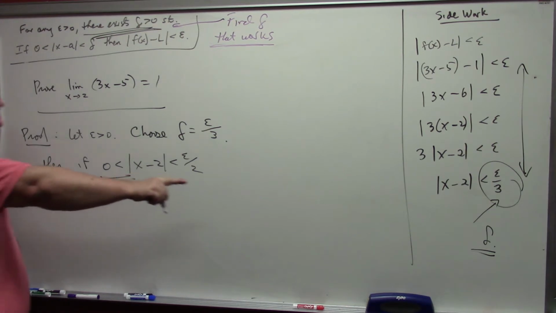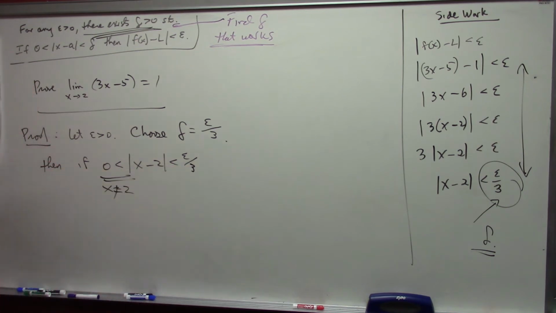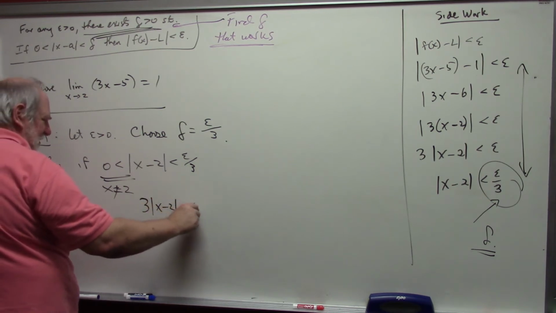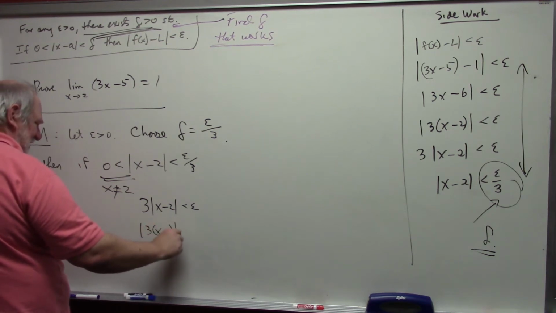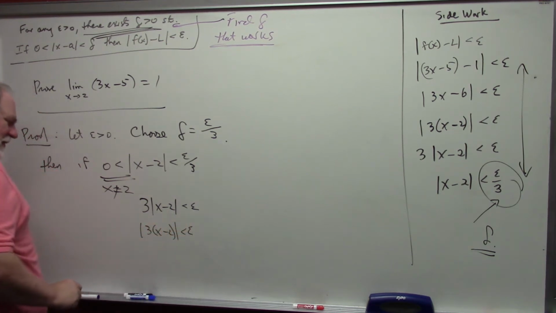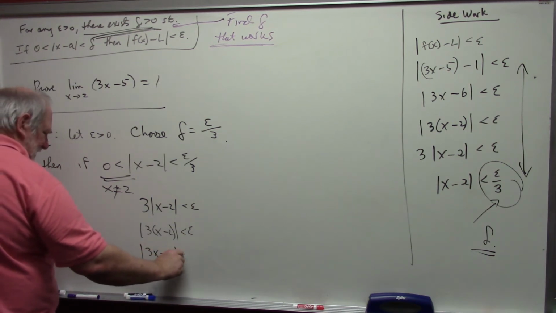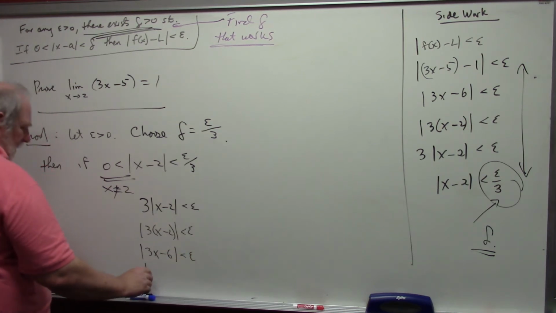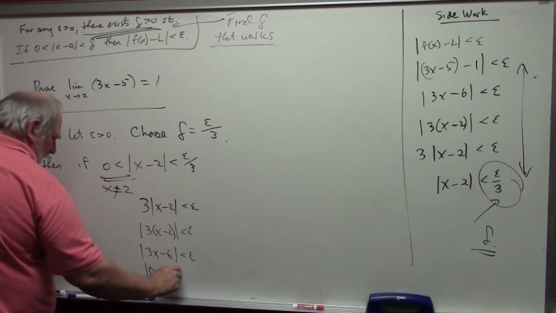And we'll basically redo my algebra steps from over there. We just rewrite it. This means 3 times the absolute value of x minus 2 is less than epsilon, or the absolute value of 3 times x minus 2, with the 3 on the inside, is less than epsilon, which gives me the absolute value of 3x minus 6, which is the absolute value of 3x minus 5 minus 1.